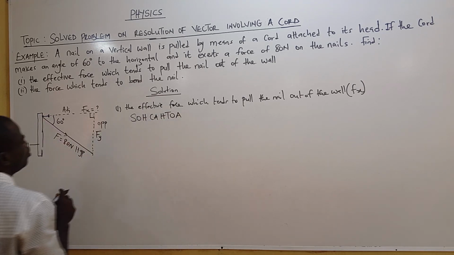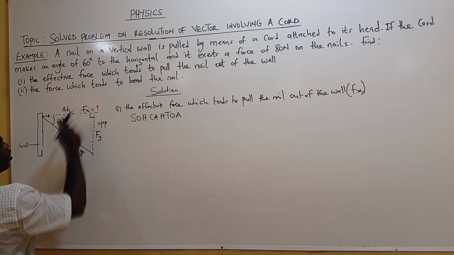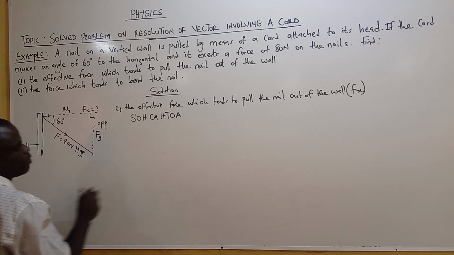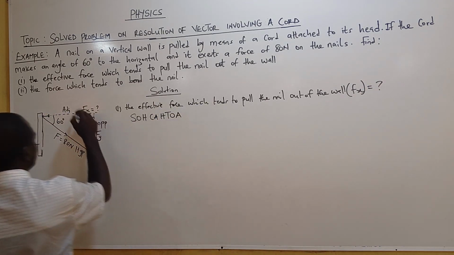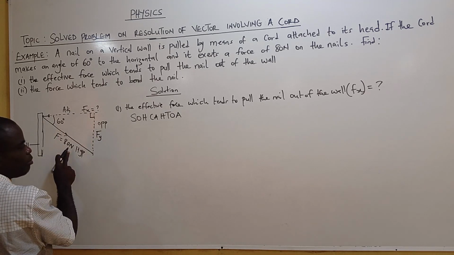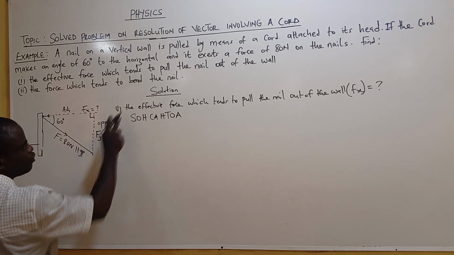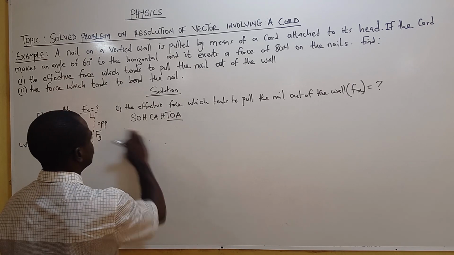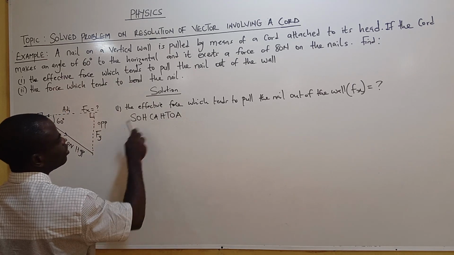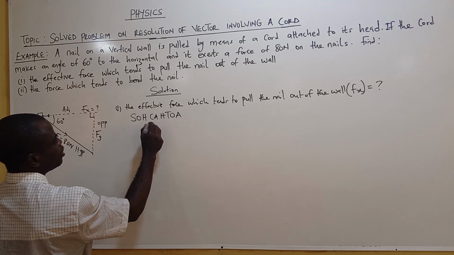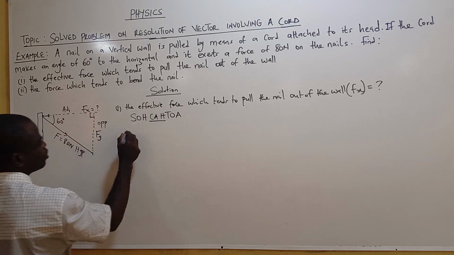You want to know which one to use in solving this problem to get the effective force to pull out the nail. Since we are dealing with the adjacent and we have the hypotenuse, we have the angle, and we are looking for the adjacent for the first question, we are going to use cosine, which deals with adjacent and hypotenuse.